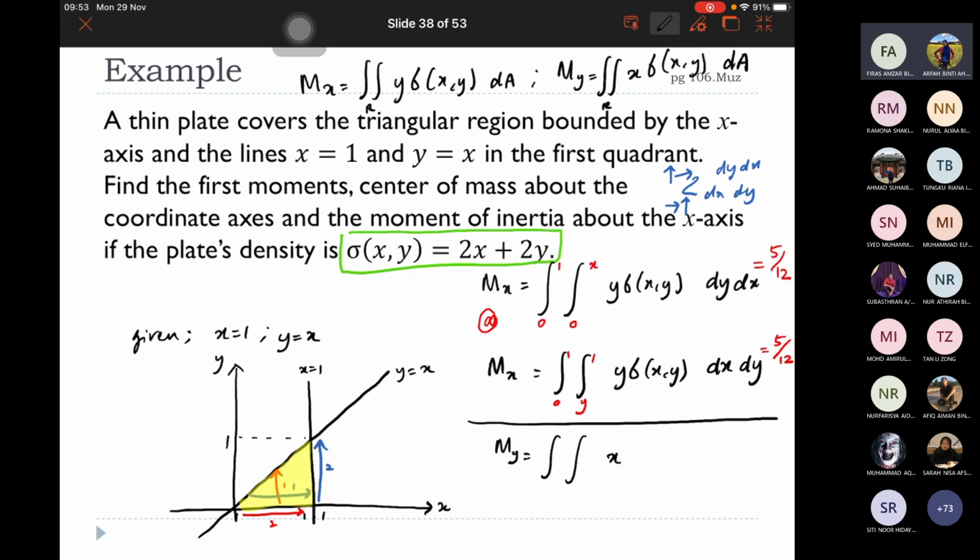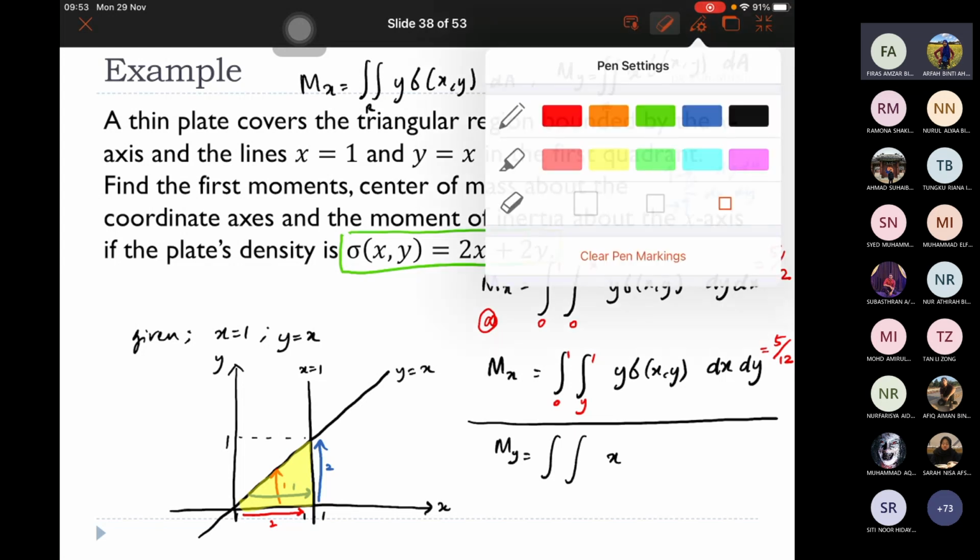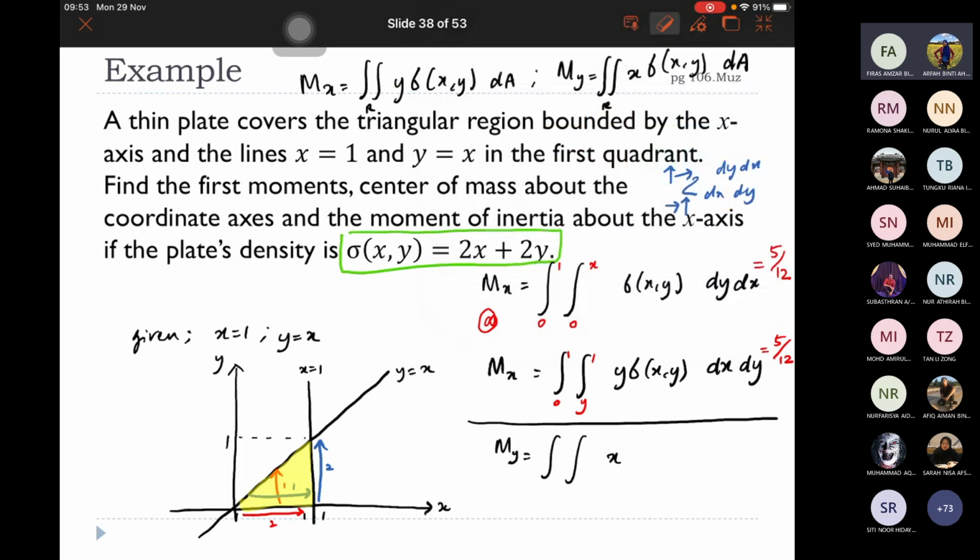Mx, My is x. Okay. Mx sama dengan y, betul lah. Okay. Dan kalau dapatkan My, x darab sigma xy dy dx. Atau My sama dengan integration 0 sampai x, 0 sampai 1, y sampai 1.